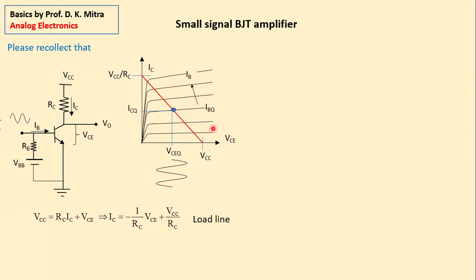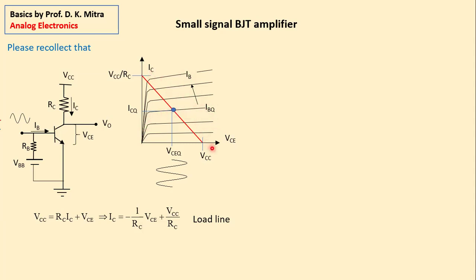And you remember from your device classes that as IB increases, that means base current increases, the characteristics jumps from one to other characteristics. For any particular IB, let's say IBQ, this is the characteristics, and this characteristics gives the value of IC and VCE.